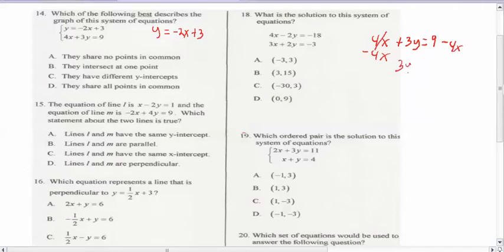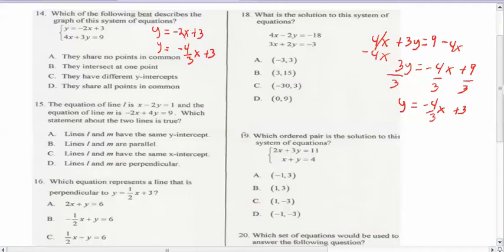I have 3y is equal to negative 4x plus 9. Divide by 3, divide by 3, divide by 3. So I have y is equal to negative 4 over 3x plus 3. Okay, so y is equal to negative 4 over 3x plus 3.